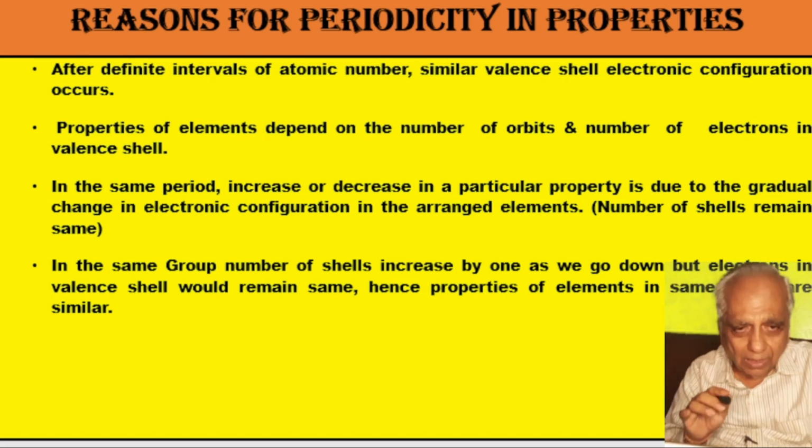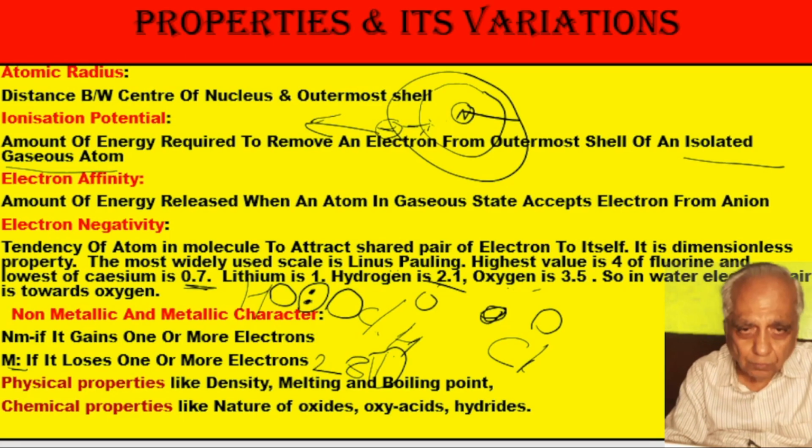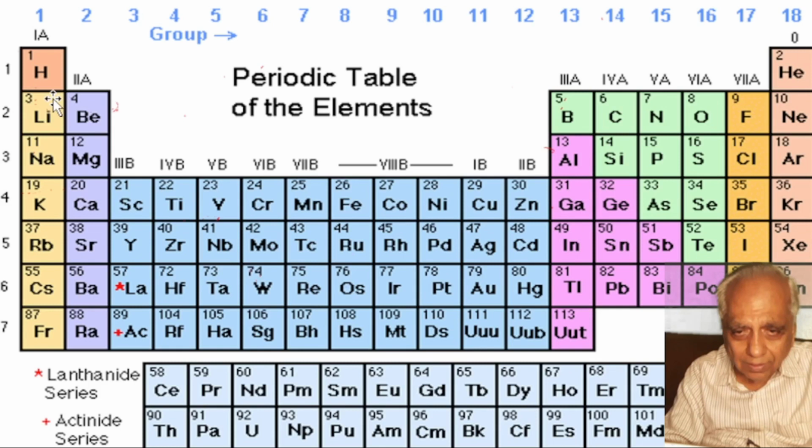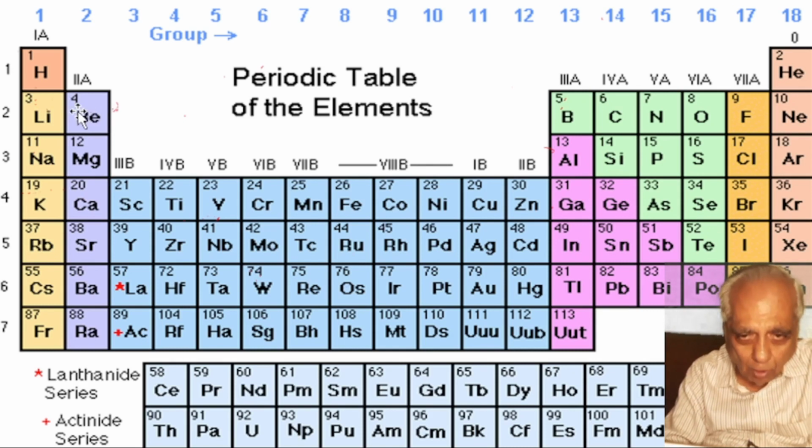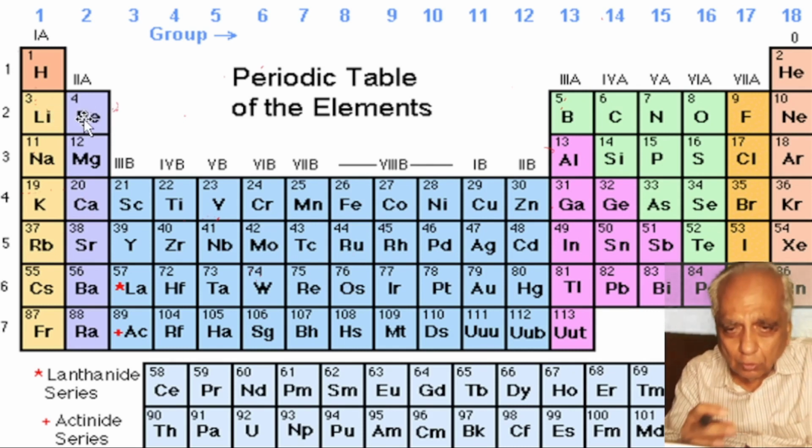As we have seen here, lithium, beryllium: beryllium is less reactive than lithium because it has two electrons, while lithium has only one electron in the outermost orbit. So as we are moving, the properties are gradually changing. This is also behaving like lithium, but to a slightly lesser extent. Boron has three.